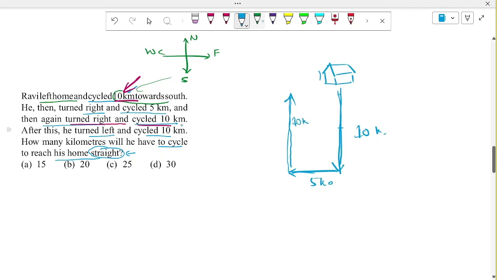After this he turned left and cycled 10 kilometers. Now he is at this point. His home is here. How many kilometers will he have to travel to reach his home straight?